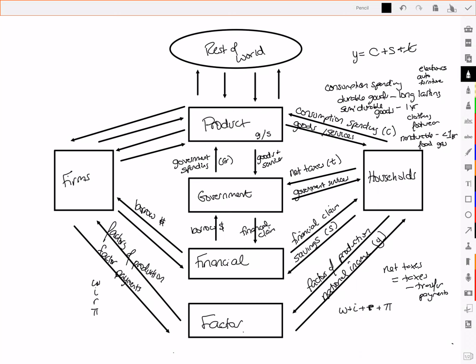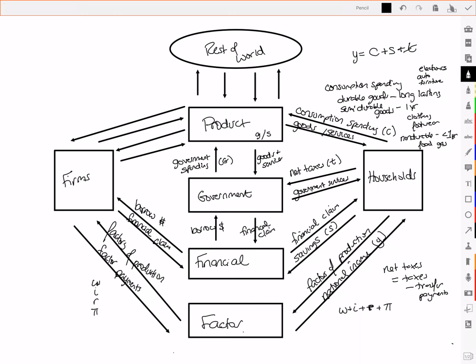If a business wants to expand, get a new location, buy more equipment, they often borrow money to finance that. So they borrow money, and then they have a financial claim, an IOU, in return.